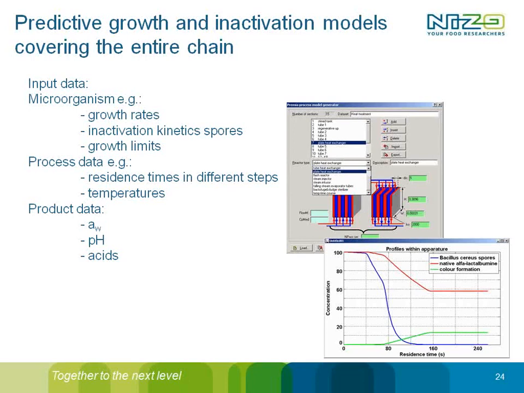And Premia is actually a platform which is very well suited for the description of process-product interactions. On one hand, we have our process data. So for example, the residence time in different steps in a heat exchanger. And you can see a picture over here, a screen dump from NISO Premia for a heat exchanger.